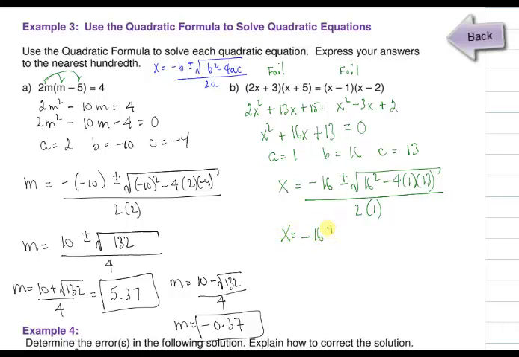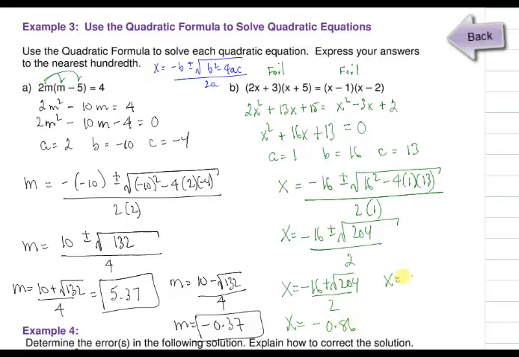So simplify what's in the radical, and you would get 204 all over 2. 204 is greater than 0, so I should get two distinct roots. Okay, 2 different roots. So x equals, so the first one is negative 16 plus the square root of 204 over 2. So x equals, to the nearest hundredth, negative 0.86.